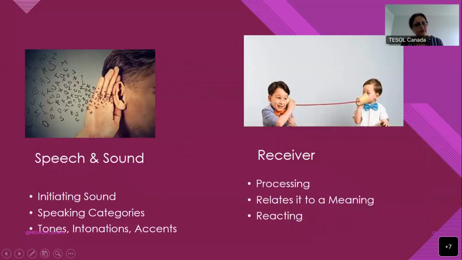So listening could be in different forms, even the sounds, or they listen to a lecture. But during all of them, you work on tones, intonation, and even accents. So it's good they listen to different accents.